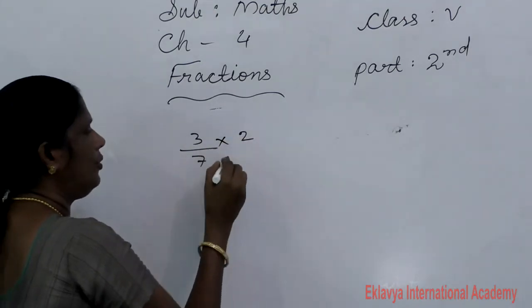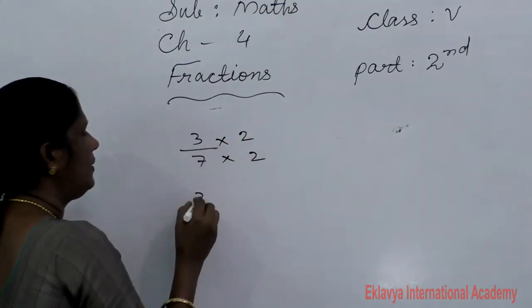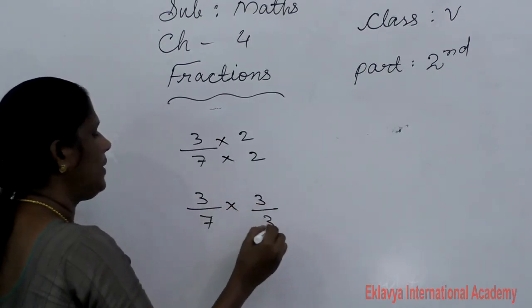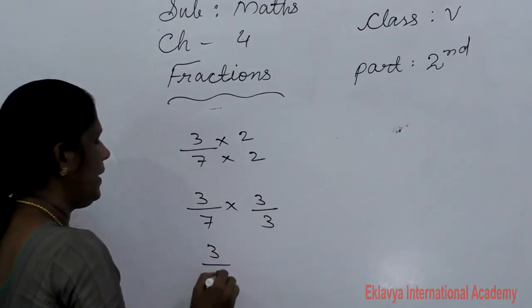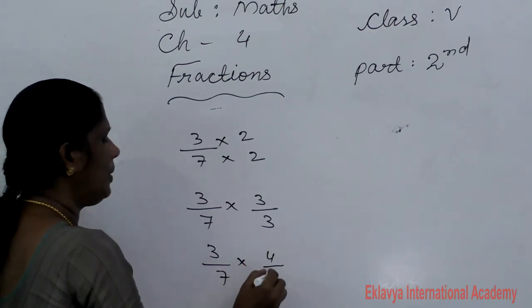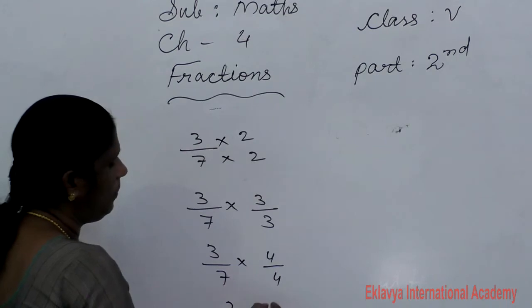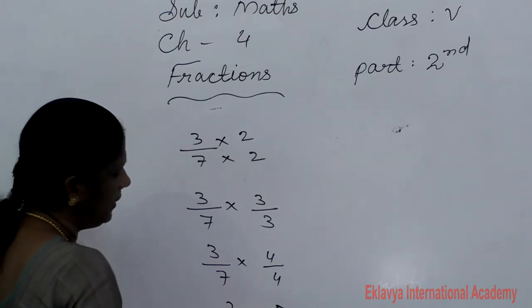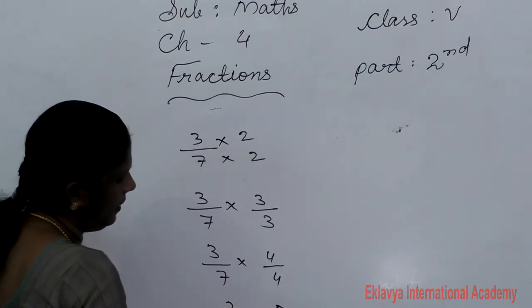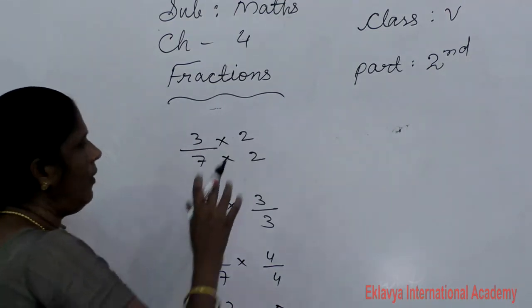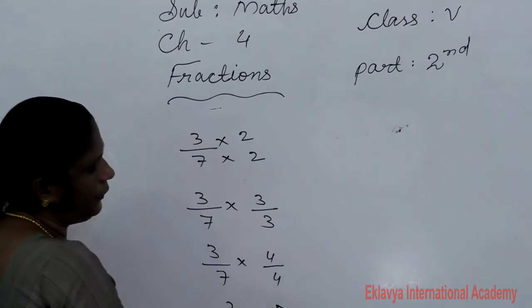Multiply by 2 by 2. Then 3 by 7 multiply 3 by 3. 3 by 7 multiply 4 by 4. Then 3 by 7 multiply 5 by 5, then 3 by 7 multiply 6 by 6. How many? 1, 2, 3, 4, 5.